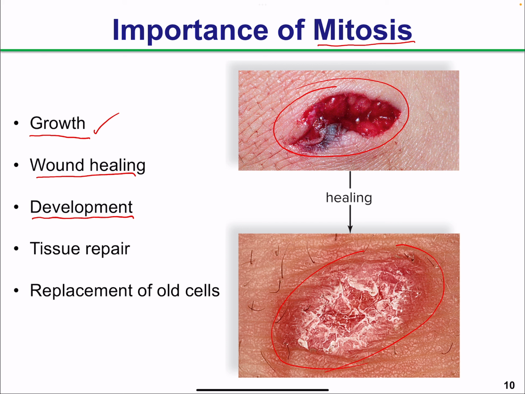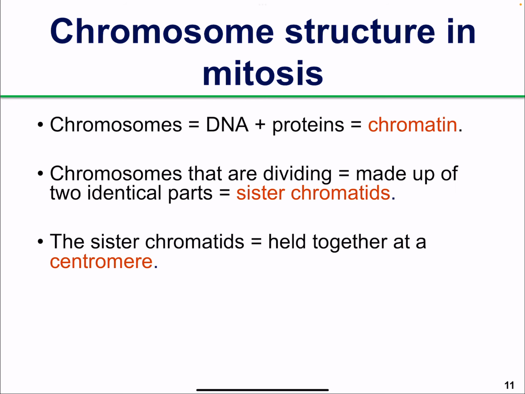And after birth, it's going to be now growth, right? Some development also occurs there. Anyway, then we have tissue repair and replacement of old cells. This is the reason why mitosis is important in our system.